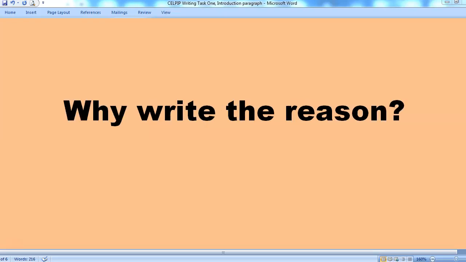The next thing is, why should we write the reason in the paragraph 1? Let's accept it, when we write emails at our workplace, there is a subject line given. If I'm writing an email where I'm saying leave request for next Friday, my manager looks at it and knows that it is not something critical right away, and may decide to look at it after half an hour when the current meeting is over.